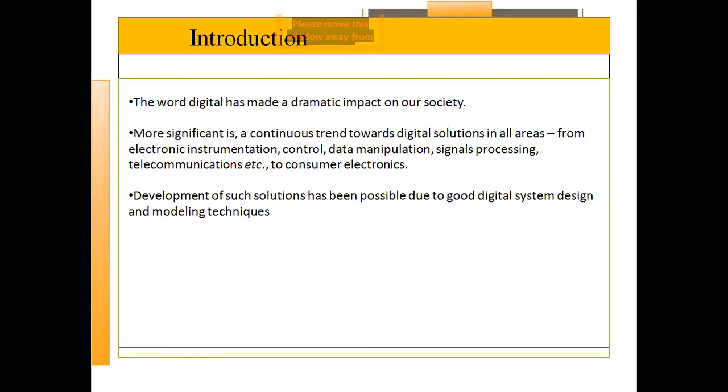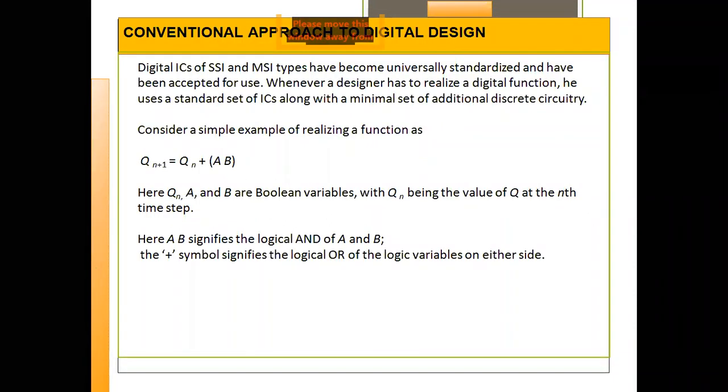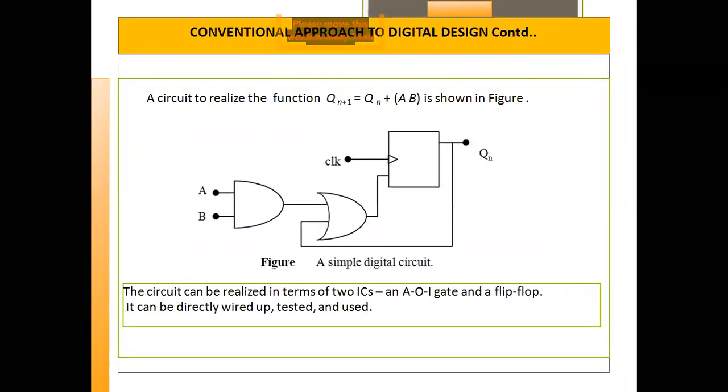We have seen the general impact on society due to the invention of digital circuits, and we have seen the conventional approach for designing a digital circuit with the help of a simple equation, Q(n+1) = Qn + A into B. Here we are using two ICs, an AND and an OR input IC, and also a simple flip-flop.